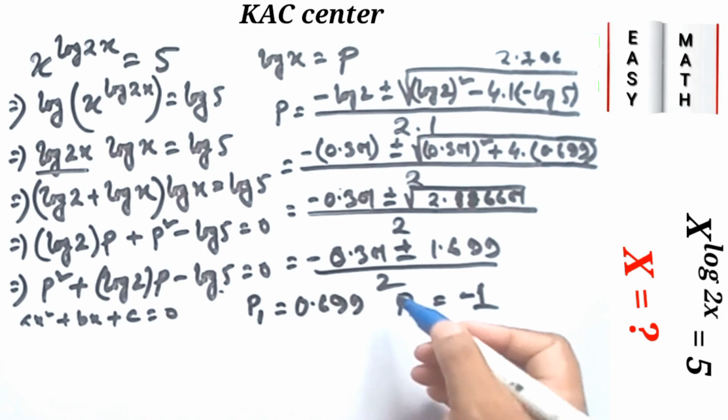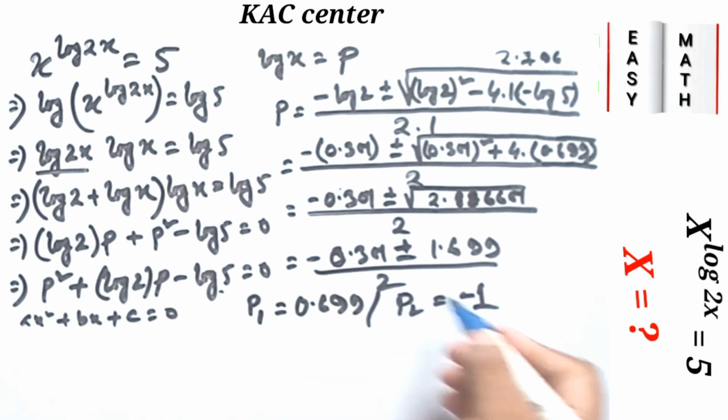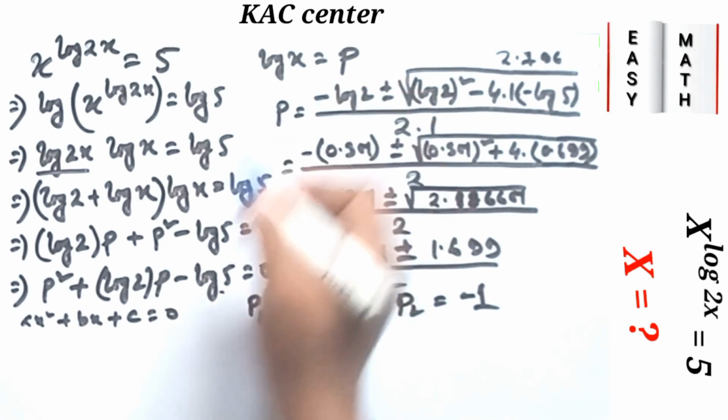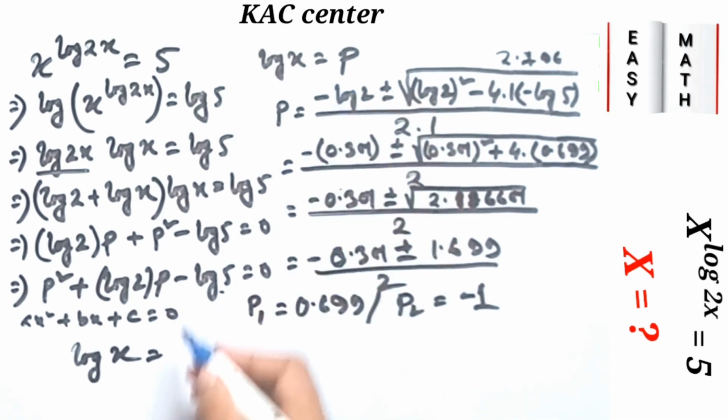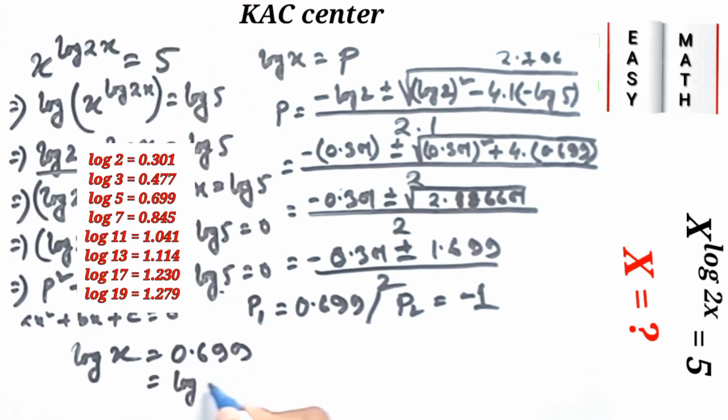And now first we can write this is log x, and this p value is 0.699, and this p value is log base 10 of 5, and so this is log x, so we can write the x value is 5.